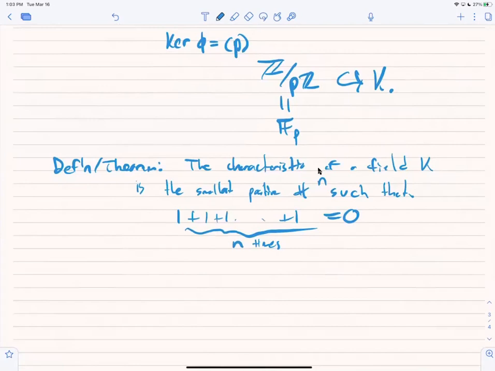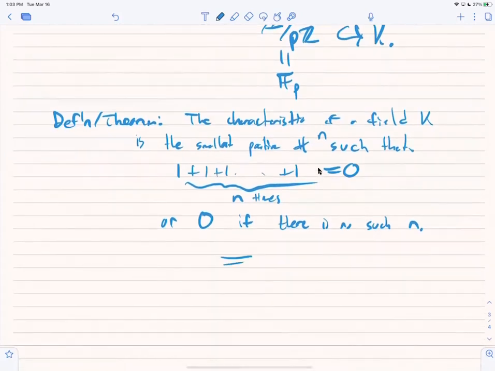So that's the definition part, and then the theorem part is this. We say the characteristic is 0 if there is no such n. That means the kernel of this map is trivial, and you're in this other case.